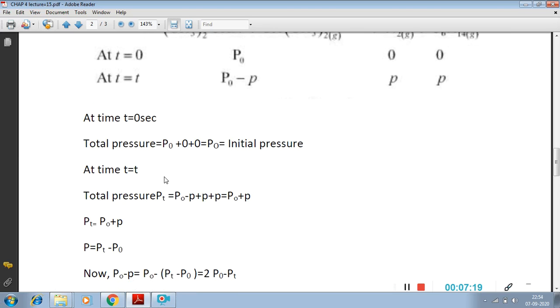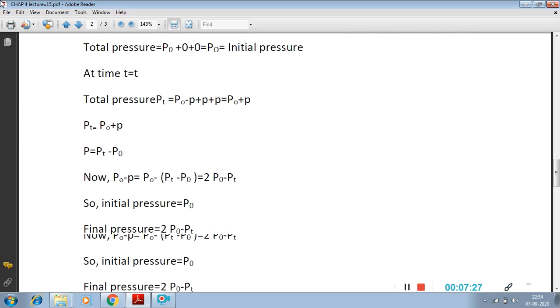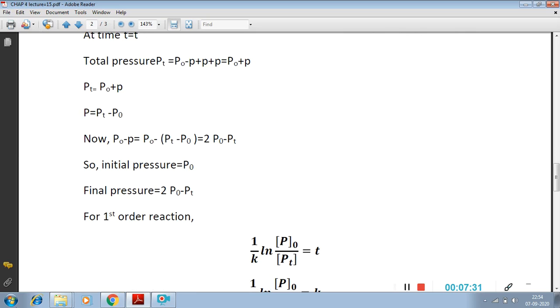Now you can see here the total pressure is P0 minus P plus P plus P. So here it is written, total pressure Pt is equal to P0 minus P plus P plus P. So total will be P0 plus P. So here Pt, that is the total pressure at time t, is equal to P0 plus small p.